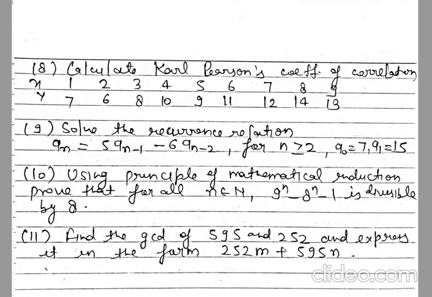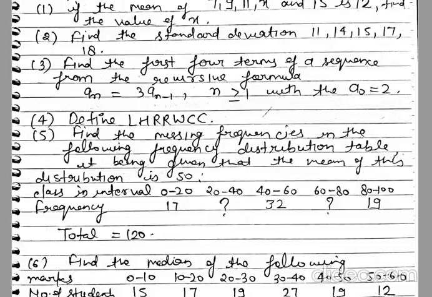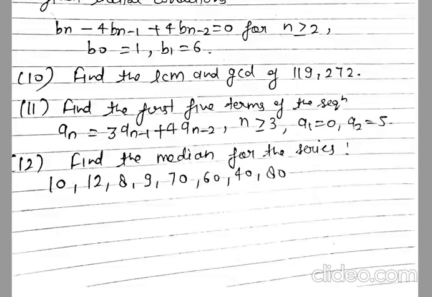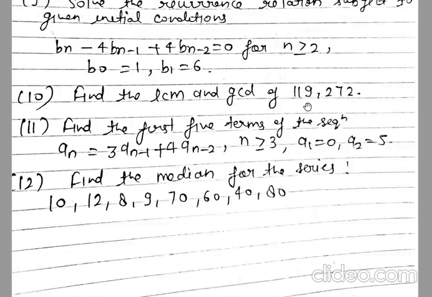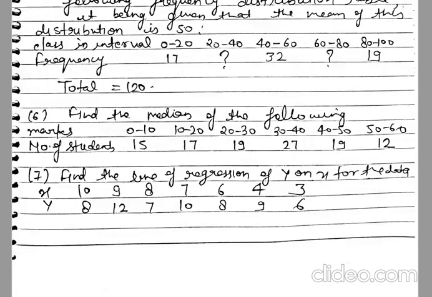I also want to tell you that I will share two or three more examples related to GCD and LCM, because here I just saw a question that says find the LCM and GCD of these two integers. So I will discuss this type of question in our next session.